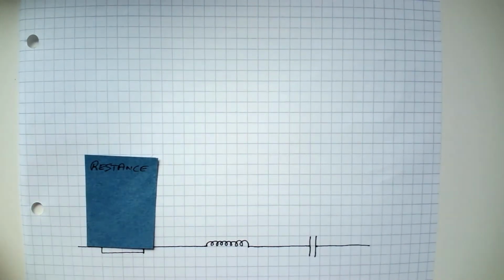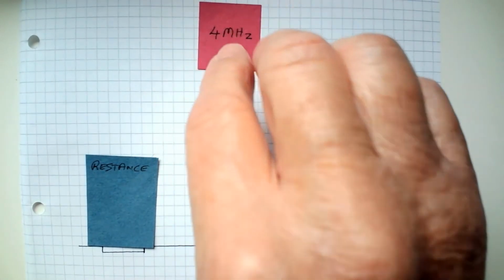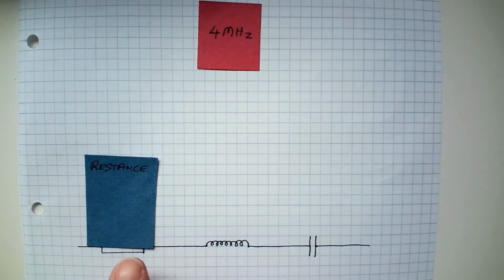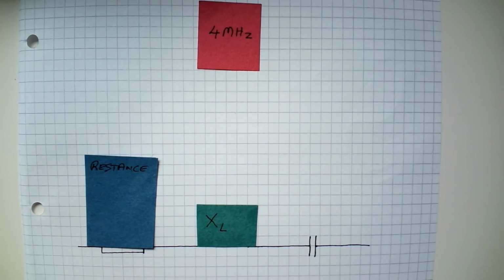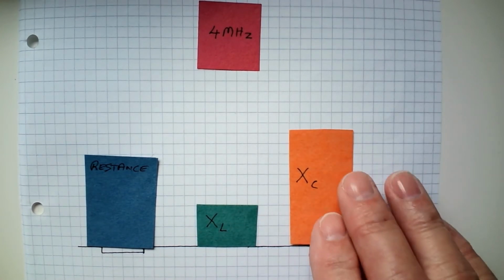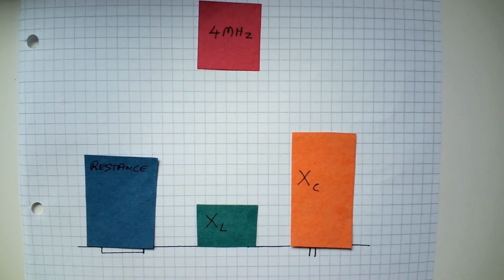So what happens if we reduce the frequency, if we send a lower frequency, let's say 4 megahertz of alternating current going through this circuit? Well, at 4 megahertz, the inductive reactance is lower. There's less inductive reactance. But as we've seen from the demonstrations, there will be more capacitive reactance. So what is the impedance of the circuit?